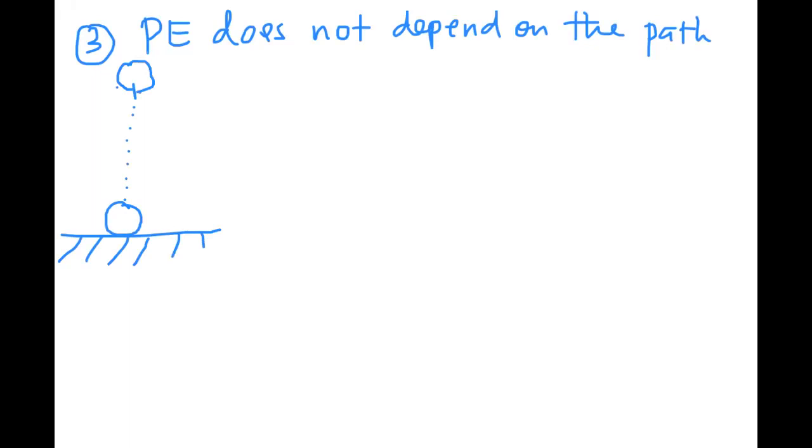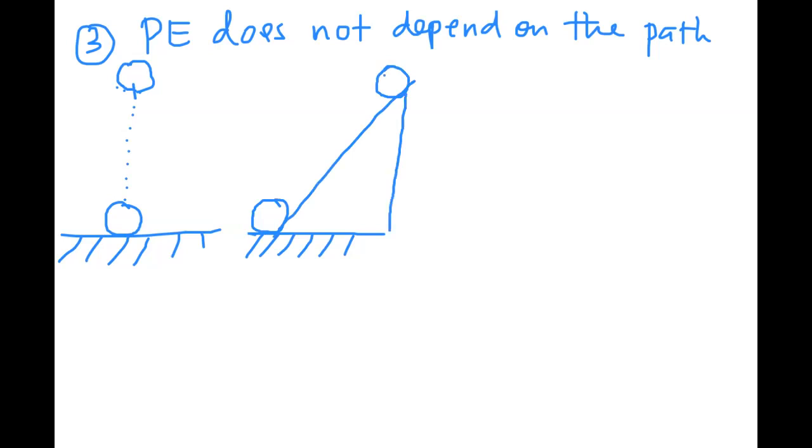When I do that, I have also another option. Maybe I might want to take a different route. This is my surface here, and the object is here. Then I might want to cruise through a different line and end up with the same height here. So this is a different route.